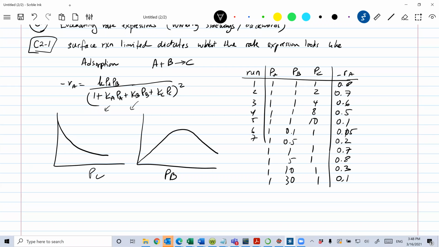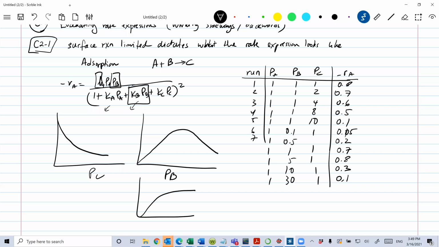So what this tells you, at least at first, is that this term, K_B P_B, goes up faster than the term K P_B. So that means it's likely squared, because if it wasn't squared, it would look like this. It would be zero order.